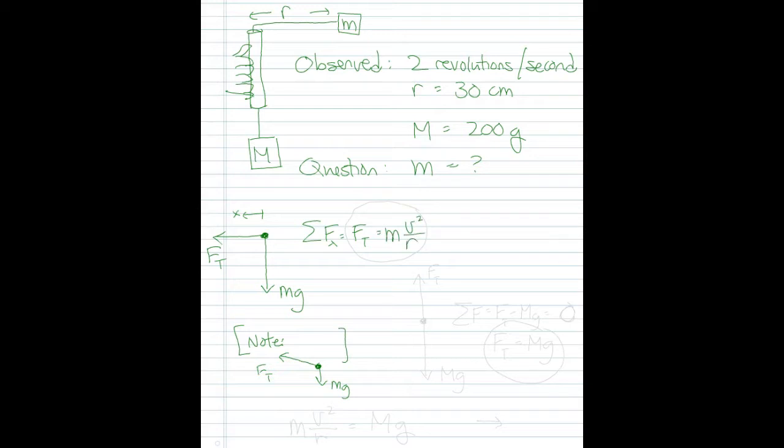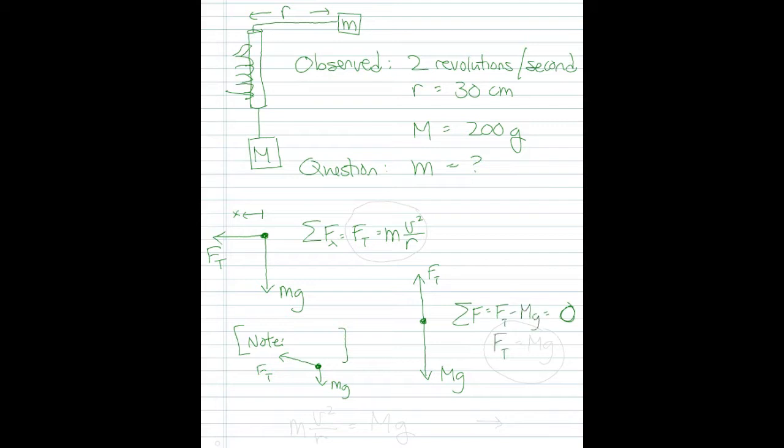It's then necessary to do a second free body diagram, and the second free body diagram has the mg of the weight and the force of tension upward. And because it's not accelerating, the sum of the forces here is 0, that means that the force of tension minus mg is equal to 0.